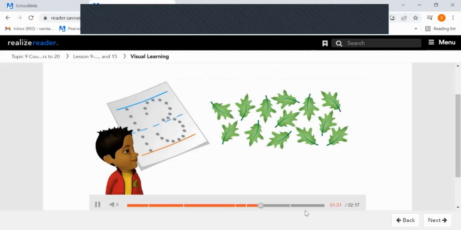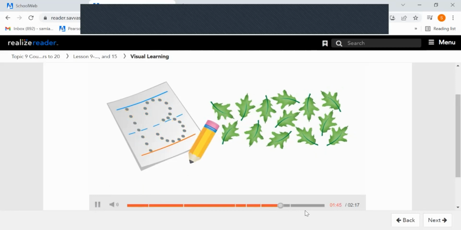What number can you see in the dots? It is the number 13. Why is this number shown? 13 is how many leaves there are. If you trace the dots, what number will you write? You will write the number 13. Where do you start to trace?